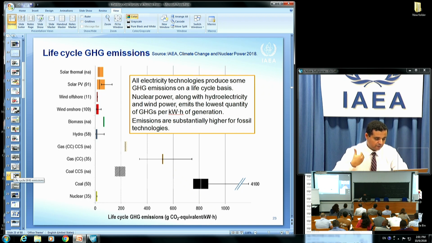And with nuclear, we also have hydroelectricity, wind power, and solar, which also produce a low level of greenhouse gases per kilowatt hour of generation. On the other hand, we see that emissions are substantially higher for fossil technologies. Slide 24.